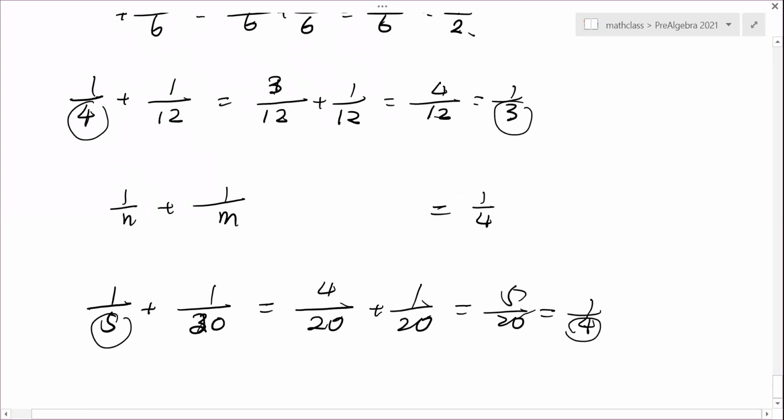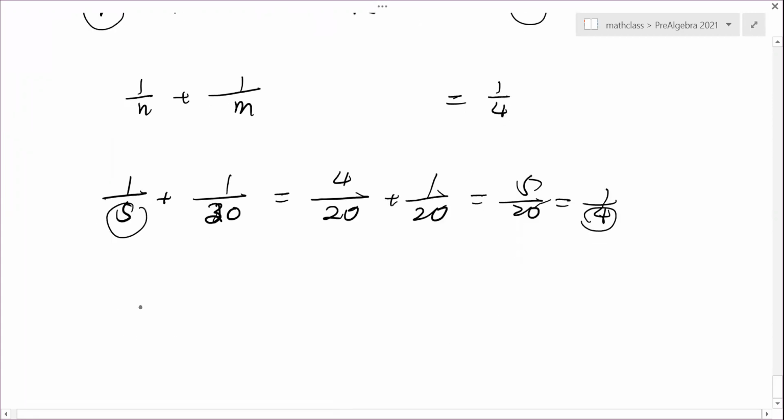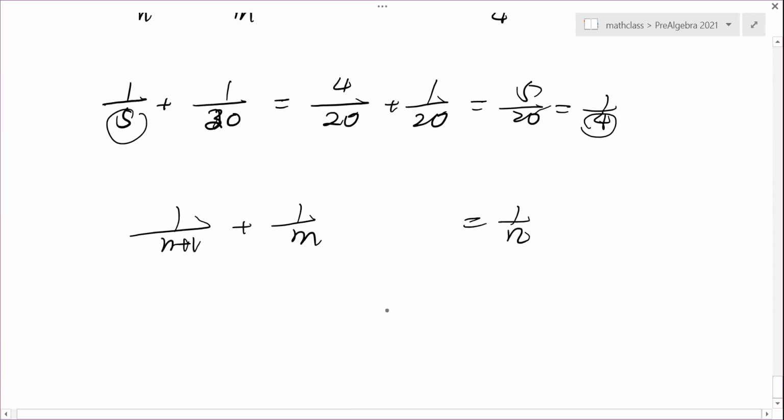So I do get some patterns here. Look at these two numbers. If I want to get 1/n, this must be 1/n plus 1/m. So let's try to solve for m, if possible. So what I get here is 1/n should be equal to 1/(n+1) plus 1/m.